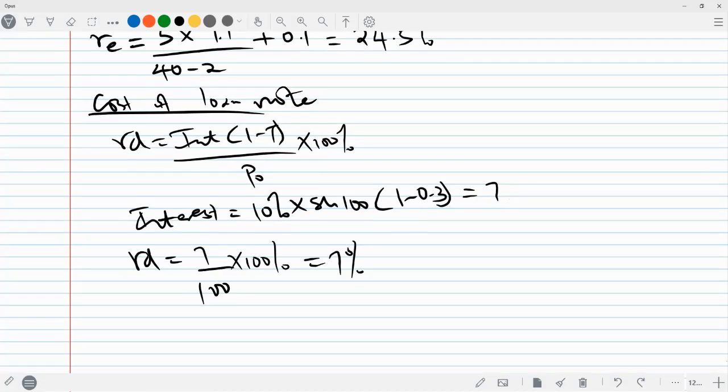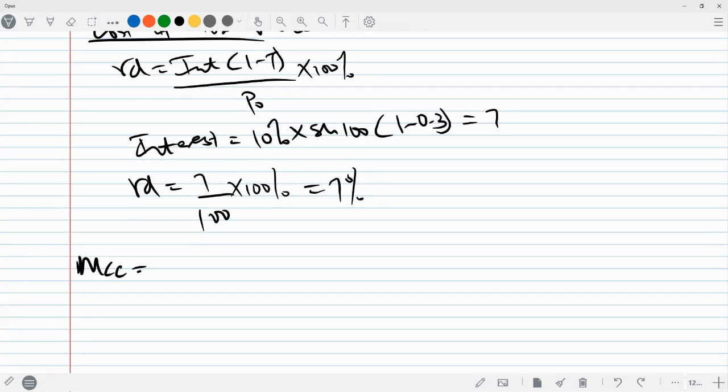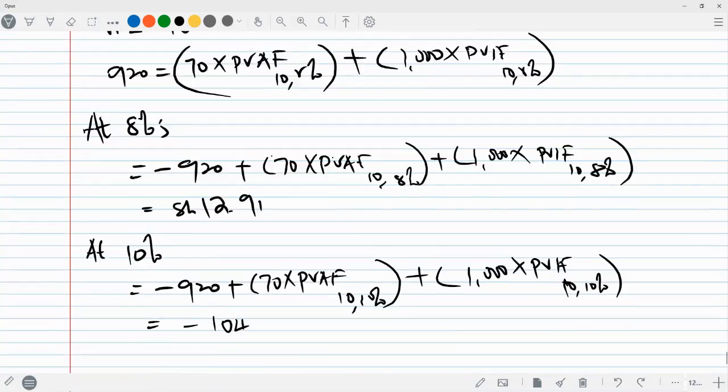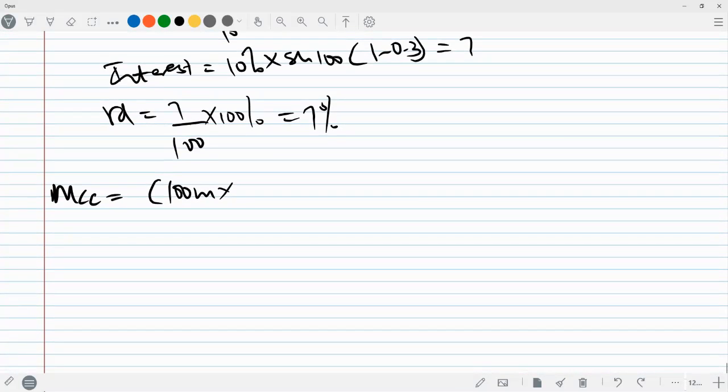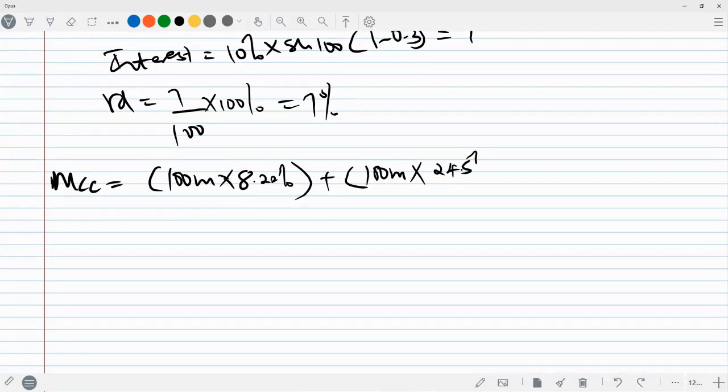We're done with the cost of each one of them. Therefore, we can now get the weighted average marginal cost of capital. The company is going to raise 100 million from the debenture at a cost of 8.22%, 100 million from equity at a cost of 24.5%, and 20 million from this debt at a cost of 10%.